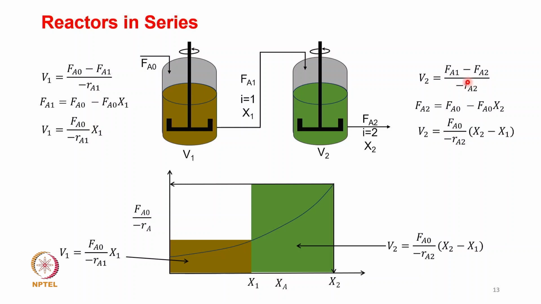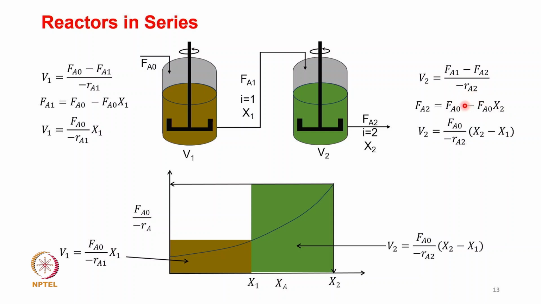Now look at the second reactor, V2 equals FA1 minus FA2 divided by negative Ra2. Again, looking at the relation, FA2 is FA0 minus FA0 times X2. Fine. Now, we have to replace FA.